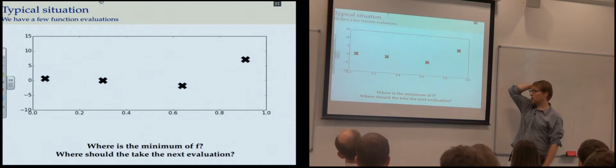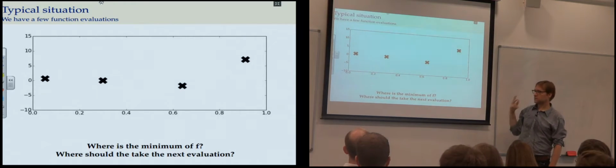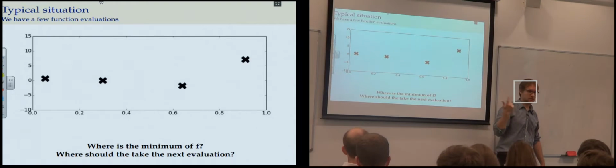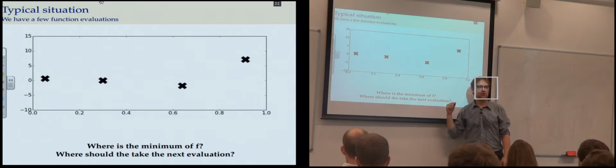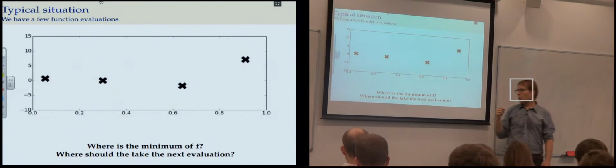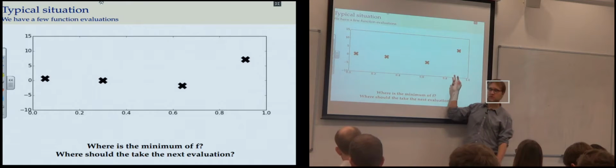And now what we want to do is, well, we want to know 2 things. First, ideally, because that's the problem that we want to solve, we want to know where the minimum of the function is. But that's probably hard now, just with 4 evaluations.